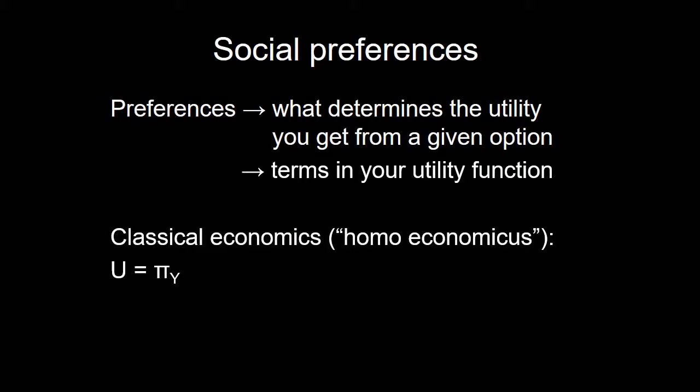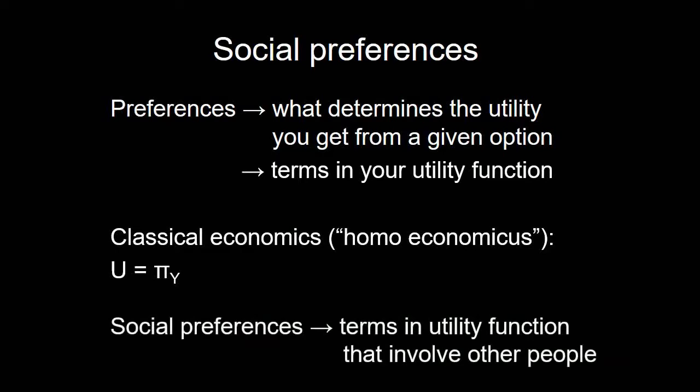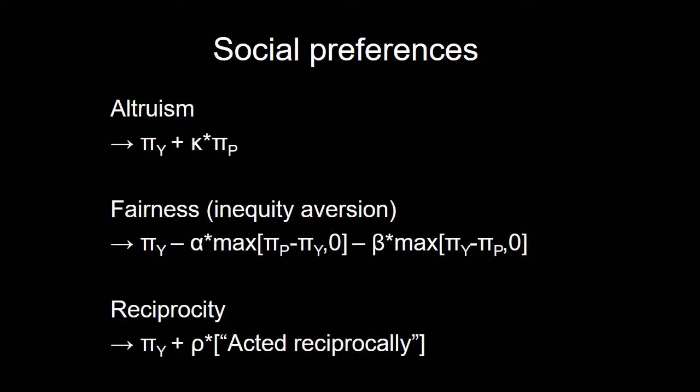And there's all kinds of other things that you might care about, but the thing that we are particularly going to focus on here, and that we talked about last class, is social preferences. That is to say, other terms in your utility function that involve other people in some way or other. And so there were 3 different kinds of social preferences that we talked about. There's altruism. So an altruist utility function is their payoff plus some constant times the partner's payoff.